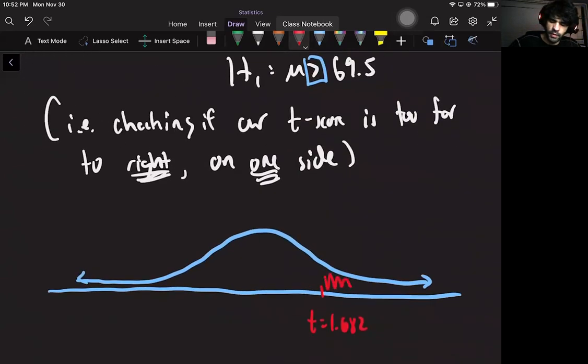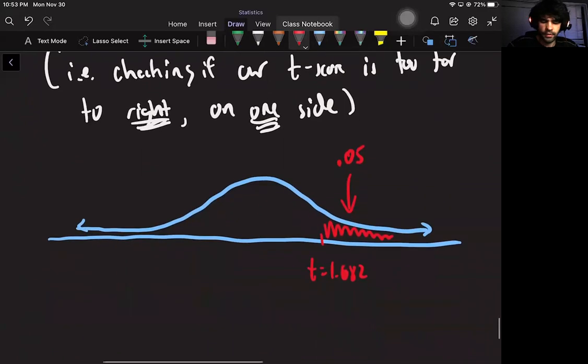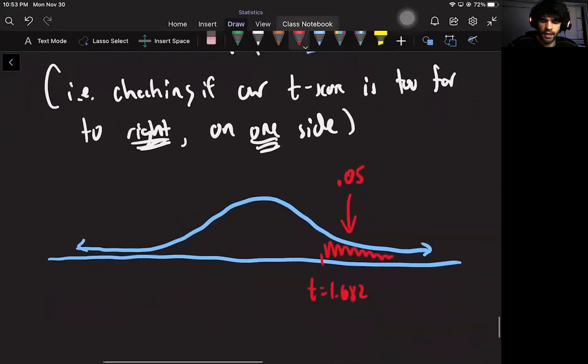But we don't even have to think about area in these problems, which is nice. Whereas if you do two-tail, then you have to cut that area in half. So we'll do an example like that later. And so luckily we don't have to really worry about that.